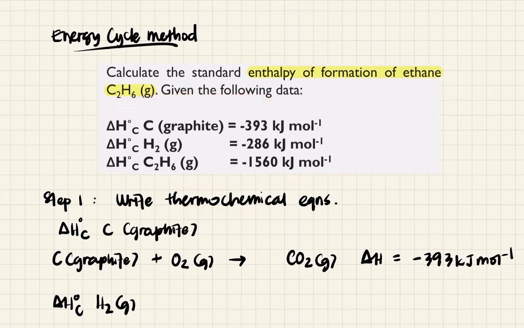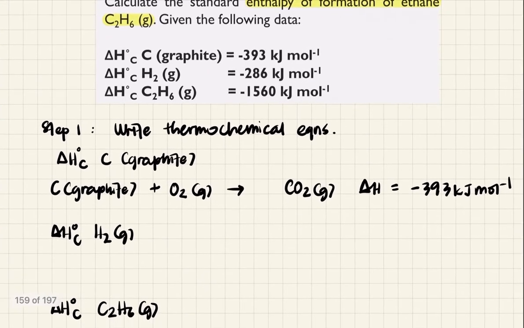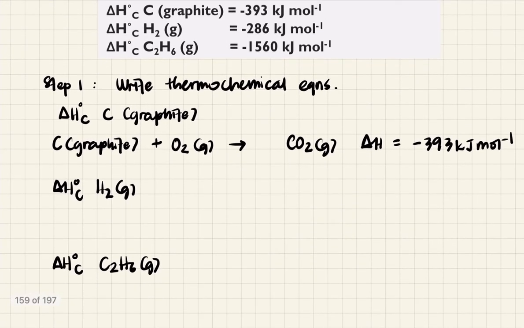So let's start with writing the thermochemical equation of combustion for carbon. As we know, the definition for combustion, delta HC, is when 1 mole of substance is being burned in excess oxygen, right?